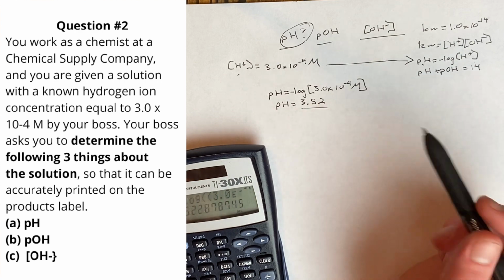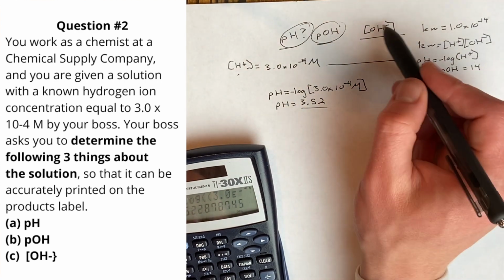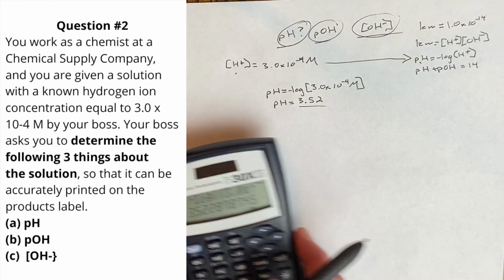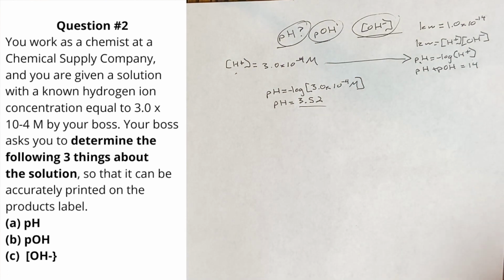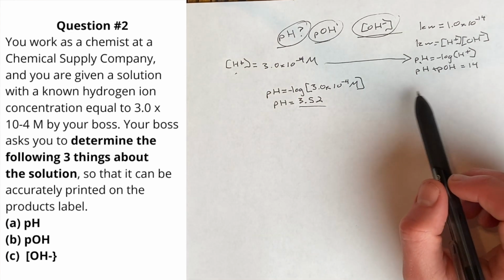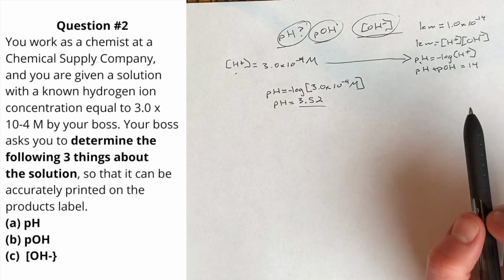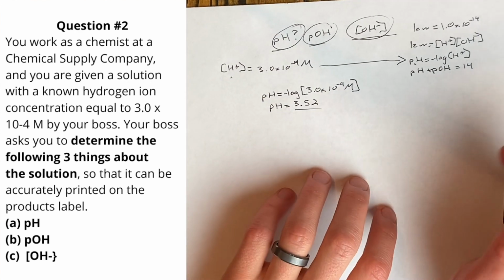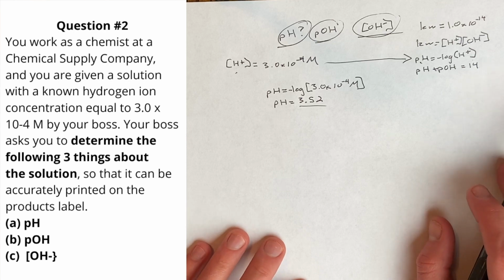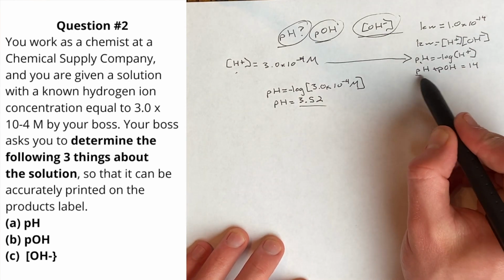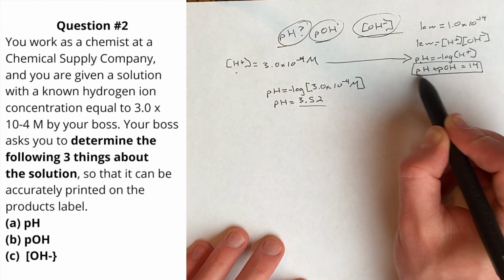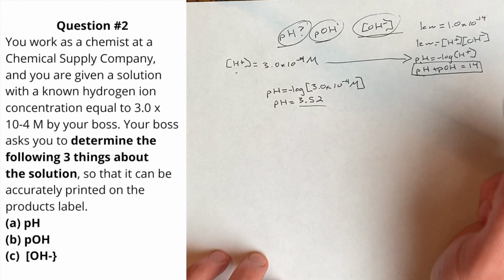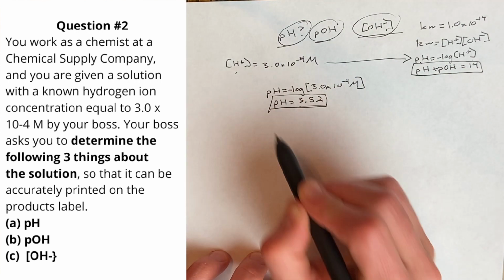The next two questions, they want us to solve for pOH and hydroxide ion concentration. There's actually a lot of different ways to work these acid-base questions, but it makes it easier on you if you just take a minute to look at your formulas and pick the one that's the most simple. So the most simple equation here that's going to help us solve this is going to be this guy. pH plus pOH equals 14, because we know the pH.